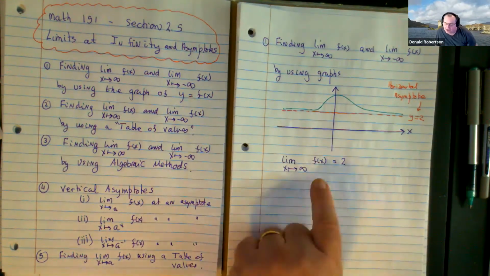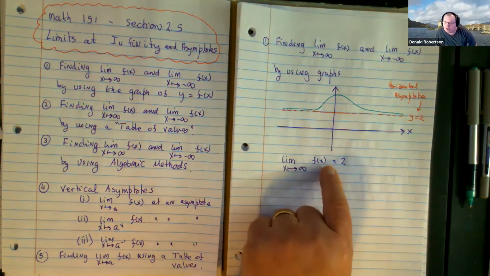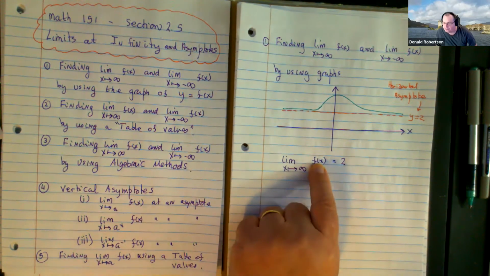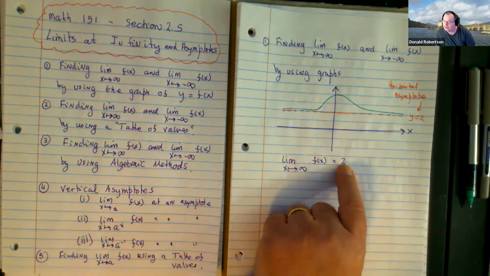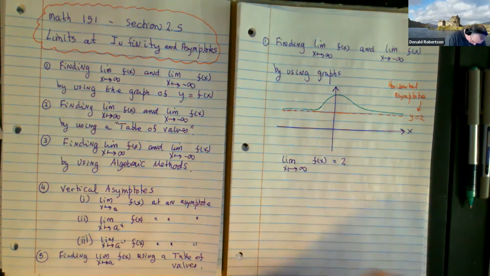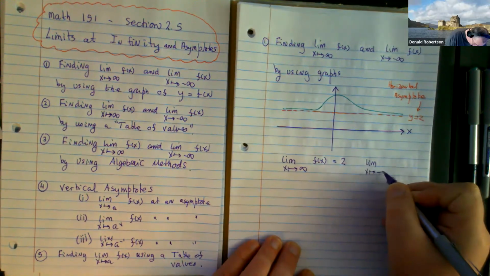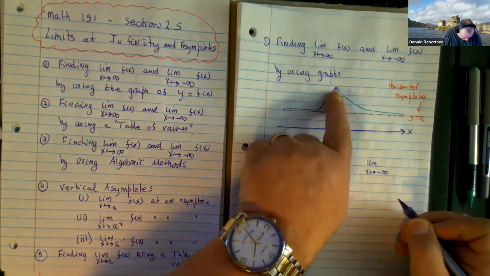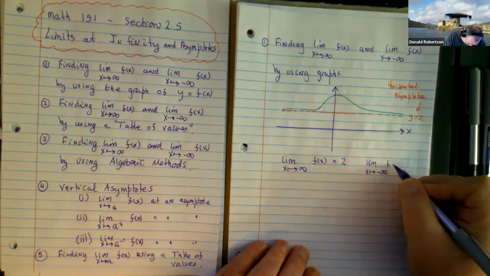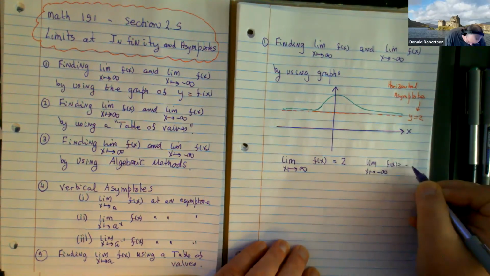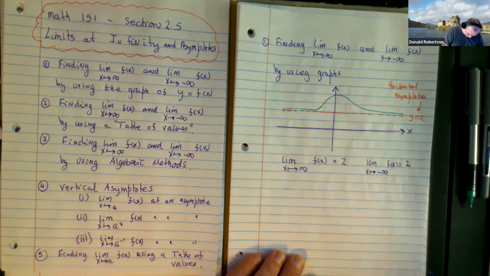That makes sense. As x gets bigger and bigger, won't the value of the function, which is essentially the y coordinate of its graph, get closer to 2? And in this particular question, you can also go the other way. What happens when x gets infinitely large? Well, in this particular question, the answer is also 2.